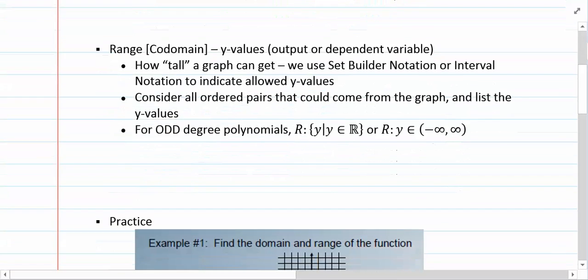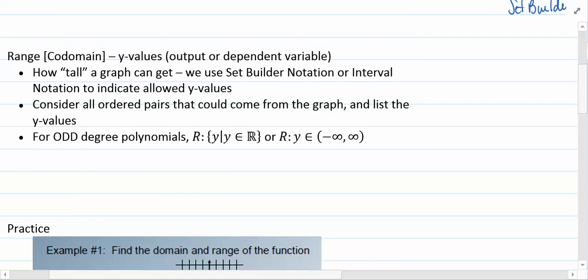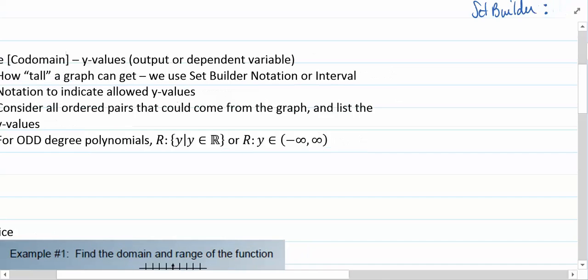And for range, it's very similar. The range or codomain is the list of y values, the output or dependent variables. This represents how tall a graph can get. We can also use set builder notation or interval notation to indicate the allowed values. And again, we have to consider all ordered pairs that could come from the graph or chart and list the y values.